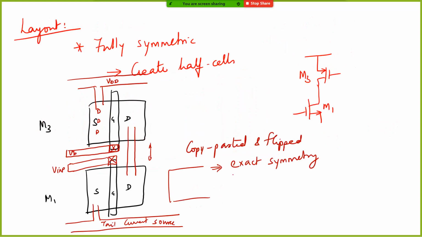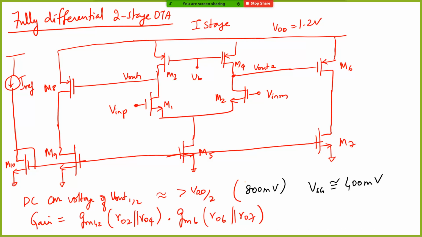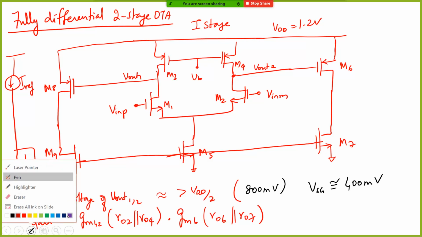Now, again, when it comes to the current mirrors, or the current sources, if you look at this op amp, M10 is providing the bias, and you have M5, M9, and M7. So usually in the industry, the way in which layout is done is all these 4 transistors, that is M10, M9, M5, and M7, all of them will be laid out together. So maybe I'll just put some annotation here.